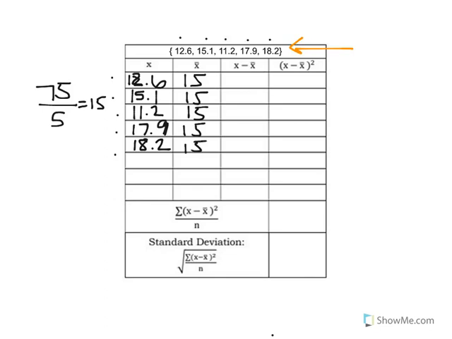Once we have our mean, this means we have our data value minus the mean. We're literally going to do 12.6 minus 15, 15.1 minus 15, and so on. When we calculate those, you want to make sure you're putting the negatives as well. For the first one you have negative 2.4.